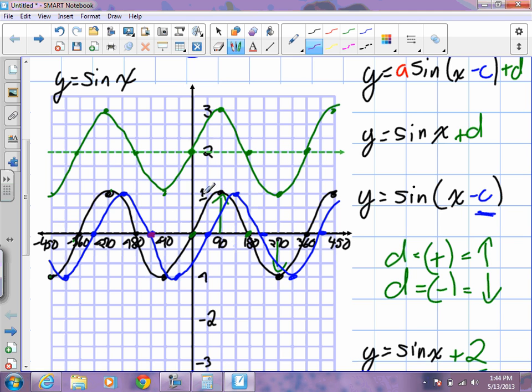So 1, 2, 3. Oh, did I jump one there? I did. Sorry. Oh, sorry, I'm counting from the wrong guy. From the black one is what we're going to be counting from here. So 1, 2, 3. That was right.